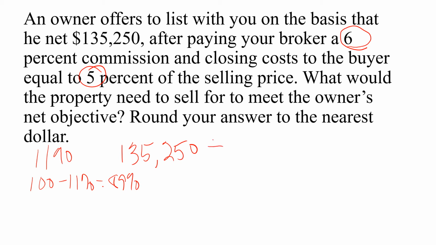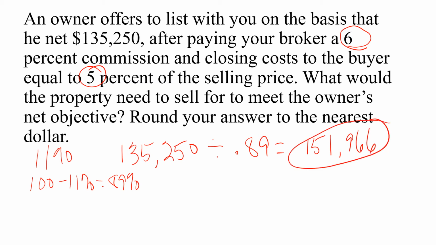So we're going to divide that by 0.89, and that gives us 250 divided by 0.89. Tells us that we need to sell for 151,966, and that's rounded to the nearest dollar.